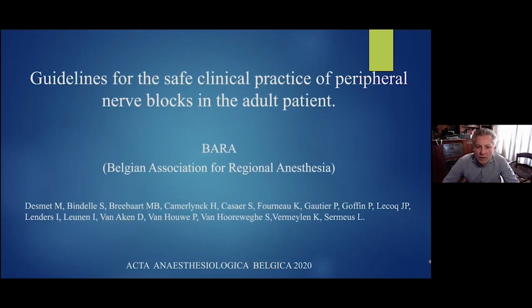We published last year guidelines for the safe clinical practice of peripheral nerve blocks in the adult. This was done after reflection and looking at different literature in the world of regional anesthesia.